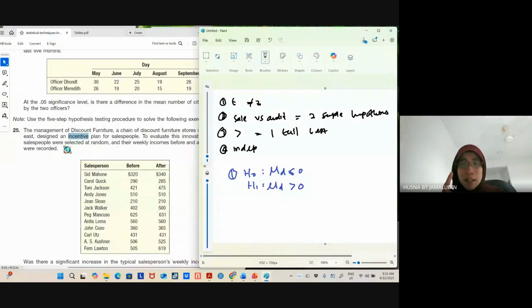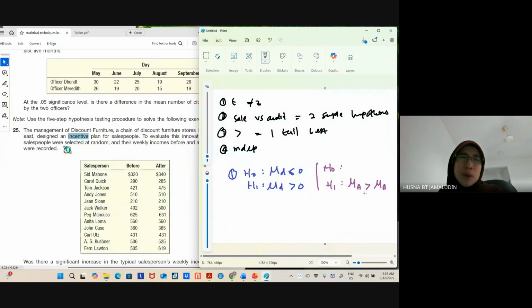Okay. Another way that I would actually prefer is, where is the different color? So you put here H0, both are acceptable. H1. So mean for after, right? You expect the after will have bigger impact compared to the mean before.